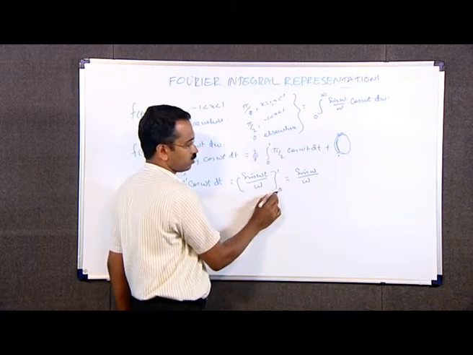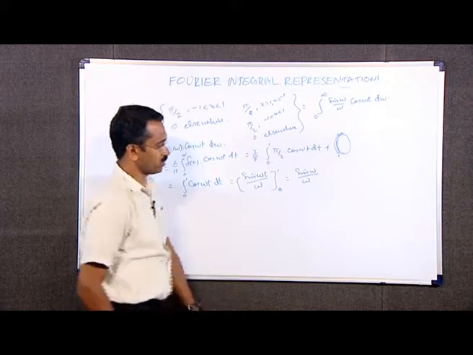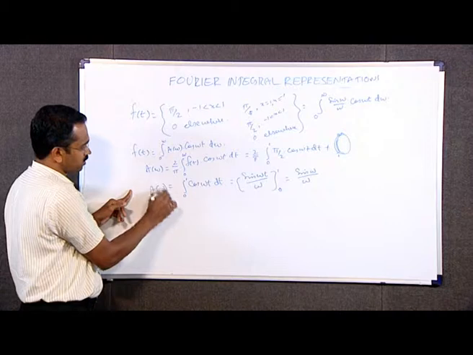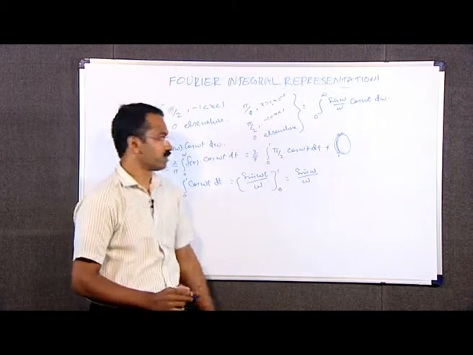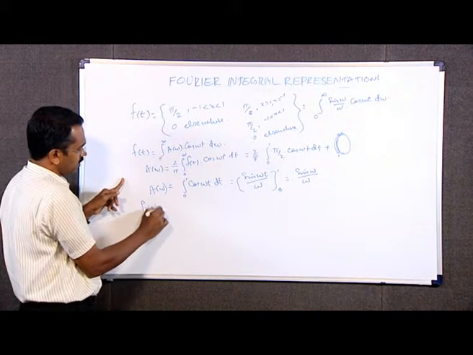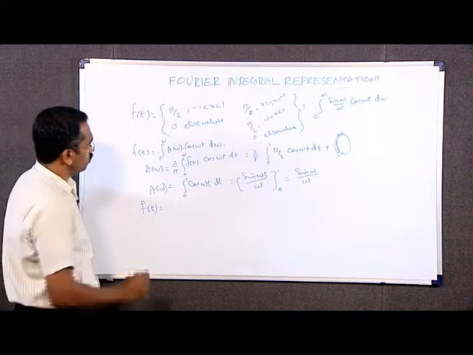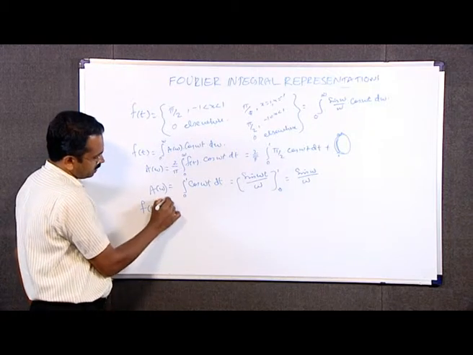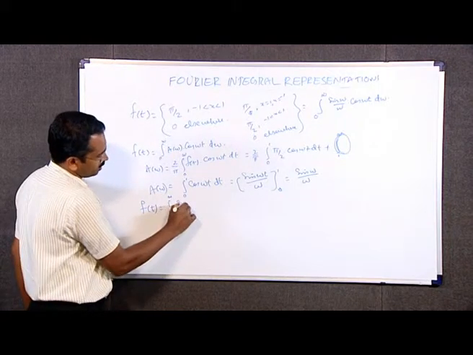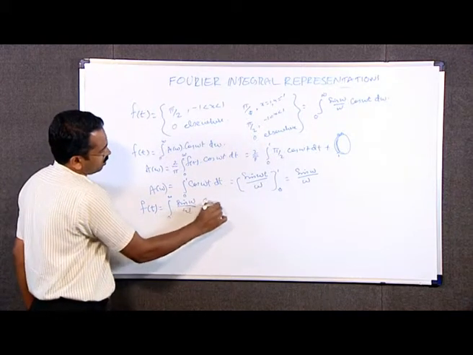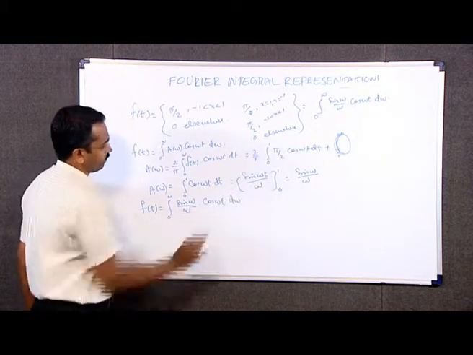When t equal to 0, this will become 0. Therefore, we get a omega as sin omega divided by omega, and the corresponding representation is f of t is equal to integral from 0 to infinity a omega, that is sin omega divided by omega, into cos omega t d omega.